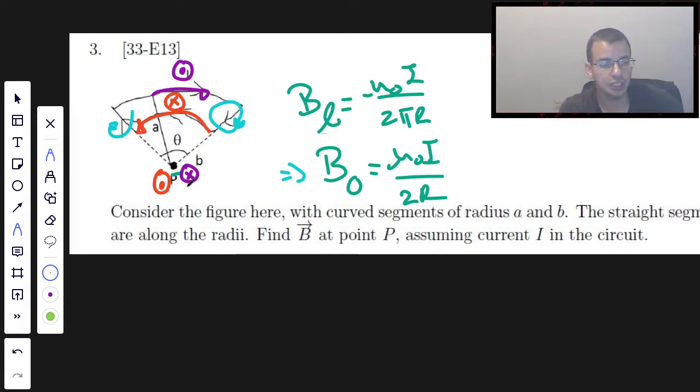So the idea is we have 2 competing magnetic fields due to the arcs. The section of loop that's on the radius is not going to affect the magnetic field at the center here. That's because with a line, at least idealized, you get mu naught I over 2 pi r, and that's going to create a circular magnetic field.